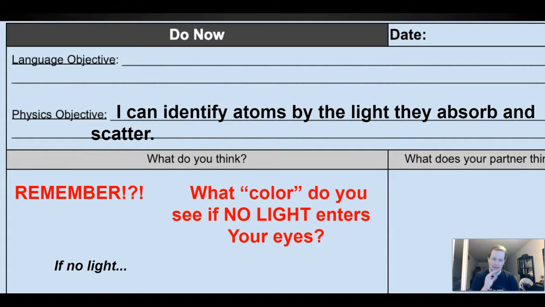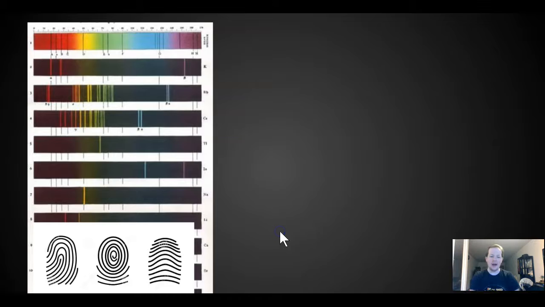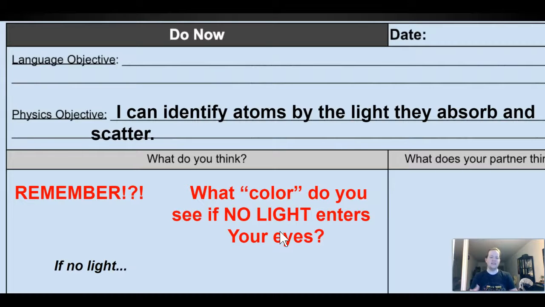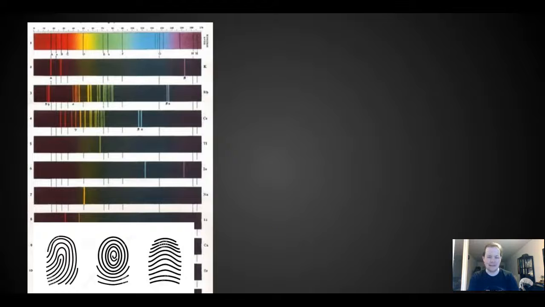We talked about it. Take a guess. Here's a good start to your sentence. Remember, I want one full sentence. If no light enters your eyes, I see... what do you see? Write down your answer. We'll remember that in a moment.